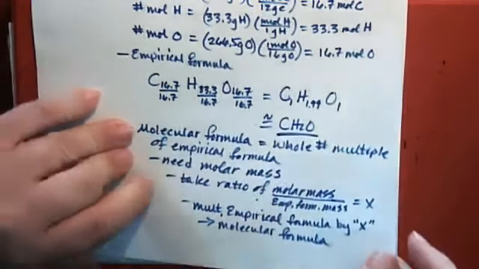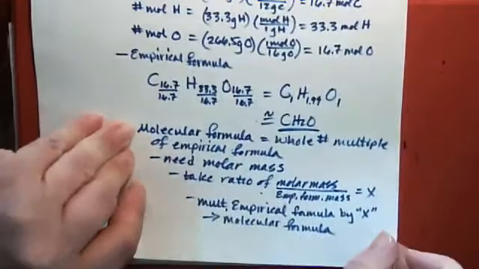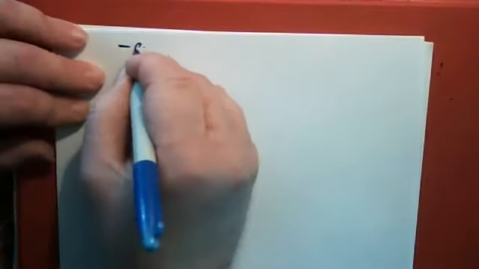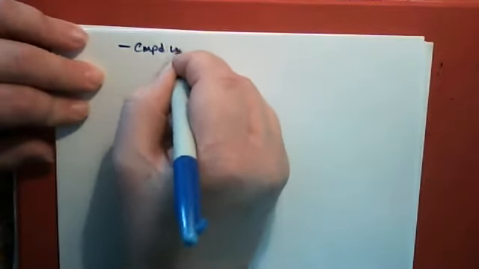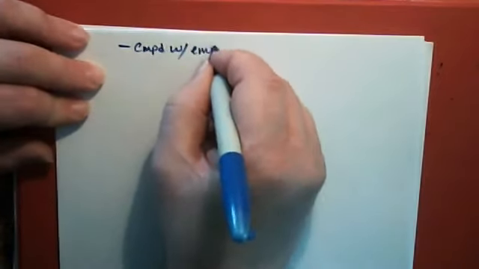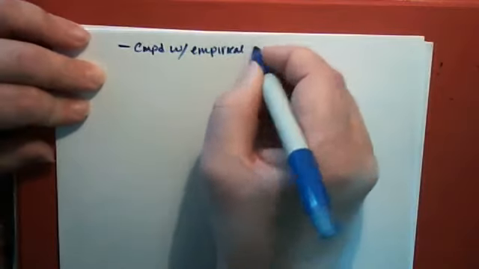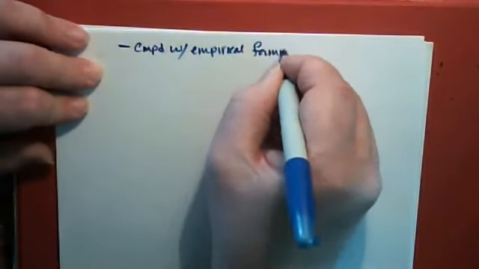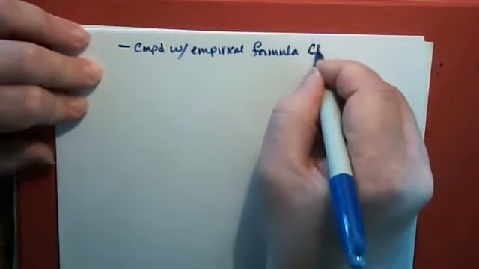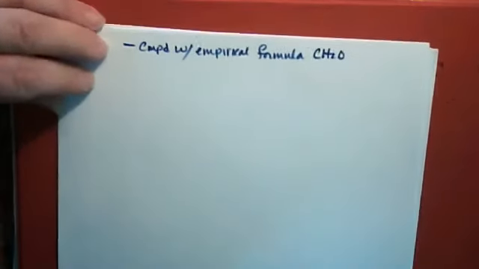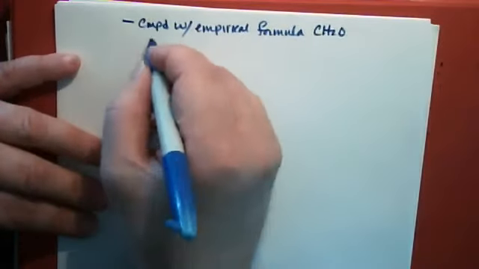Okay, so with the example above, we can say that, as we just found, has an empirical formula of CH2O.